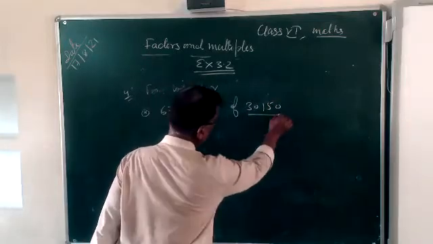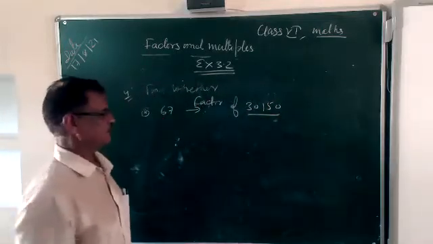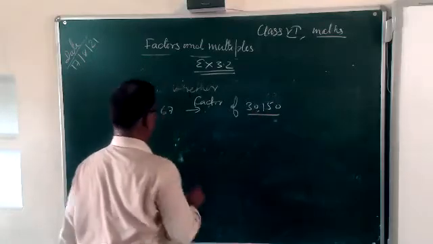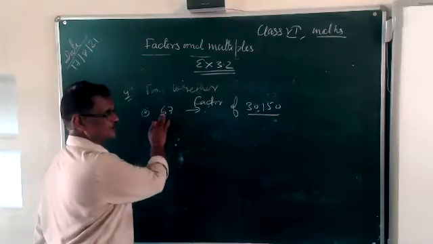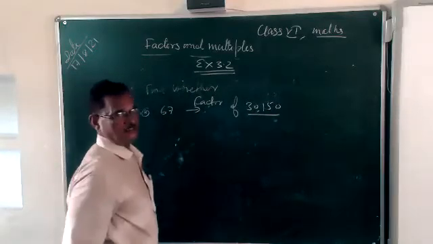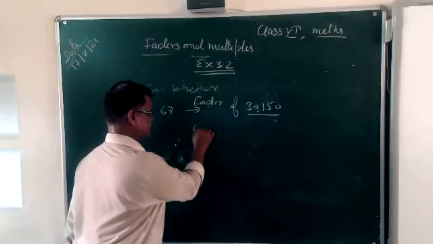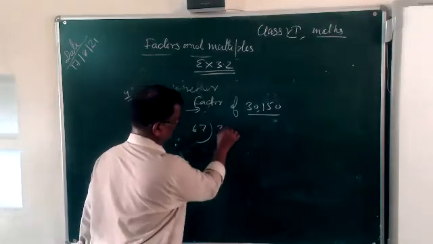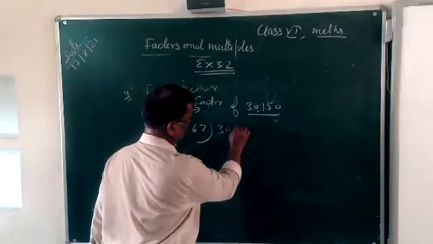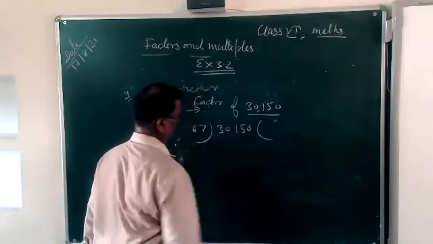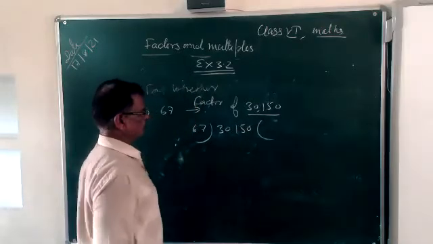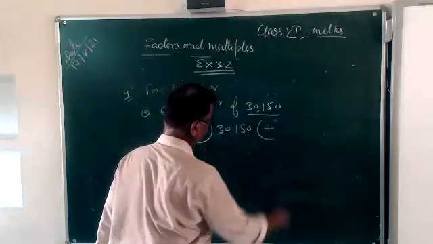So divide 30,150 by 63. If divisible, then it is a factor; if not divisible, then it is not a factor. So 63 divide 30,150. Divide it. Then your division going 4 times.